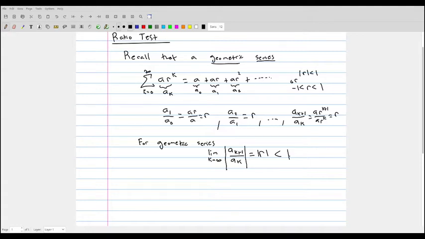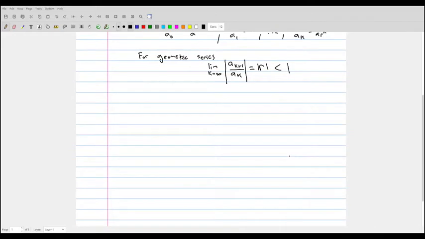So the ratio test states the following. Now for a general series, let the sum of bk, k equals 1 to infinity, be a general series, not necessarily a geometric series.